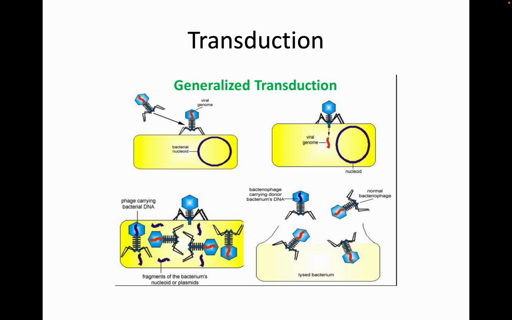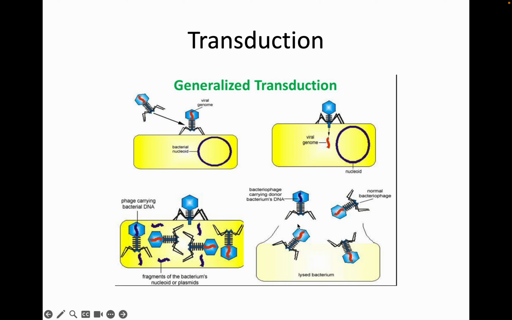All right, so a general idea for transduction is we've got a viral genome that's inserted into a bacterial cell. The viral DNA takes over and the nucleoid, the bacterial DNA, breaks down, right? And the bacterial cells begin to assemble and synthesize more viral particles, right?